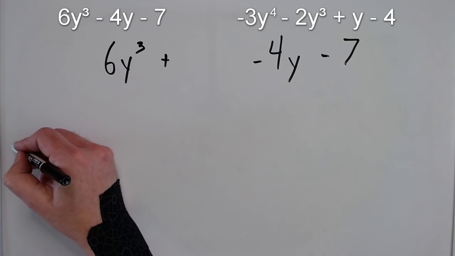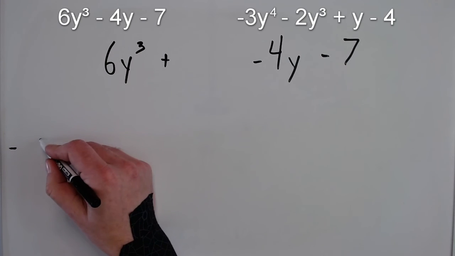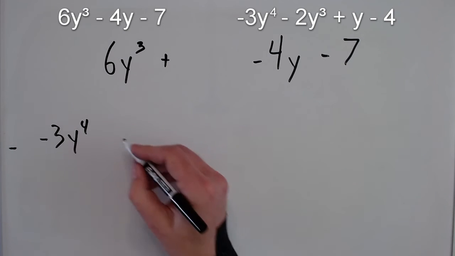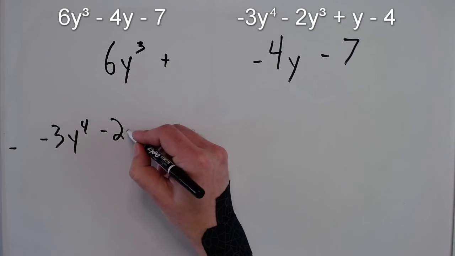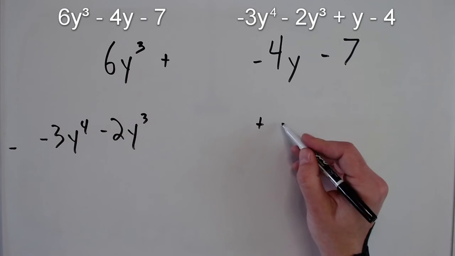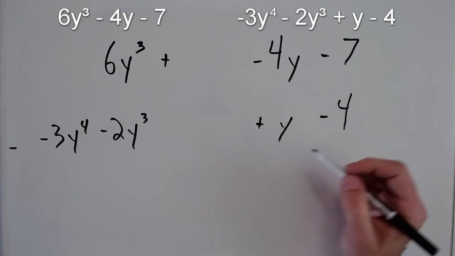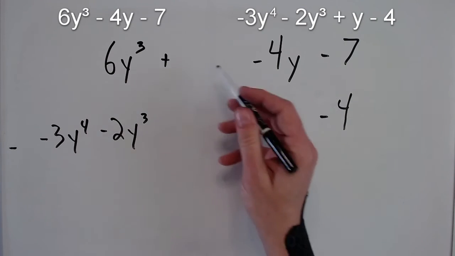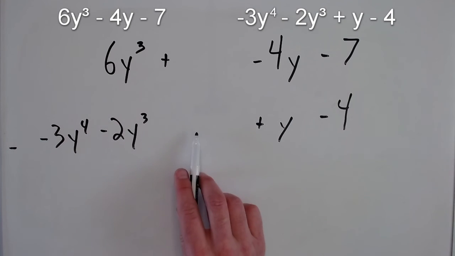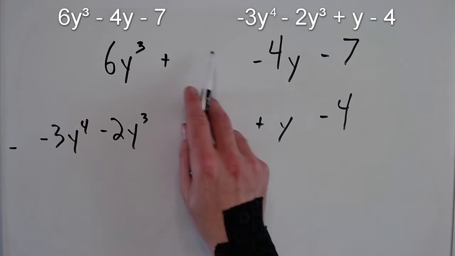So we're going to subtract and put it way over here. A minus 3y to the 4th minus 2y cubed plus y minus 4. So there is no y squared item here. I didn't need to leave this gap, but to me it makes sense. 4, 3, 2, 1, 0. That way we know there's no like terms of y squared.